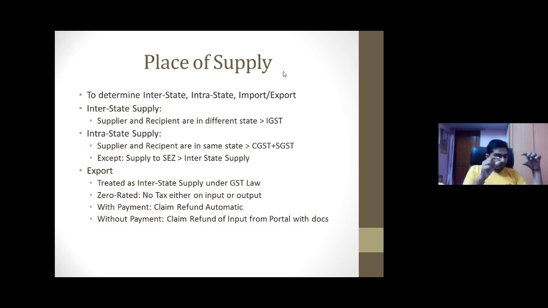You must have utilized out of this 18 rupees, for example, 12 rupees lying in your input ledger of GST. You have utilized that 12 rupees and 6 rupees you have paid out of your bank account. But how much refund did you get? The whole 18 rupees. So 6 rupees you got refunded, that is on the output tax, and 12 rupees you got refunded, that is of input. So in both the methods you got refund of input as well as output. There is no tax in GST export case on input as well as output.